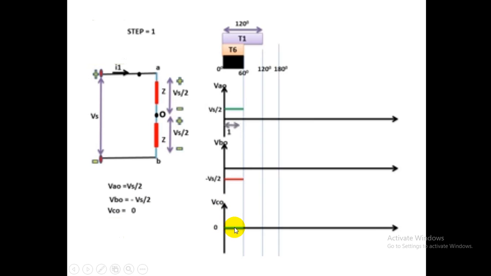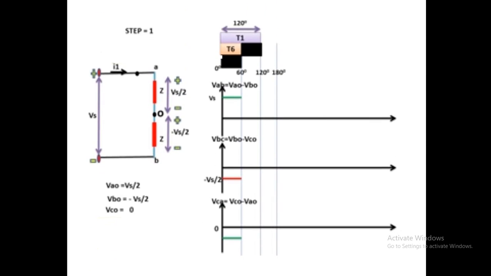And when we see the line voltages, you can also see the switching conditions of the thyristors. Here in this case, T1 is conducting. This is 0 to 60 to 120 degrees. Then after 120 to 180 degrees, this portion.